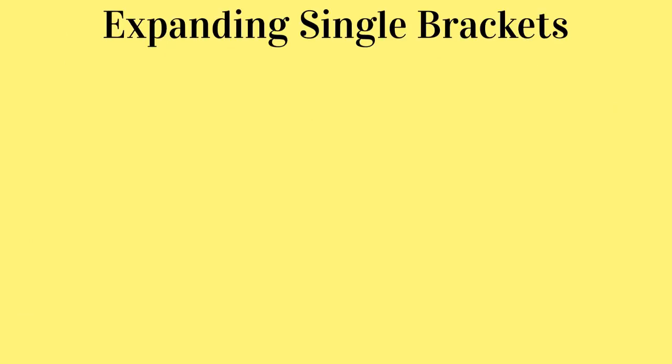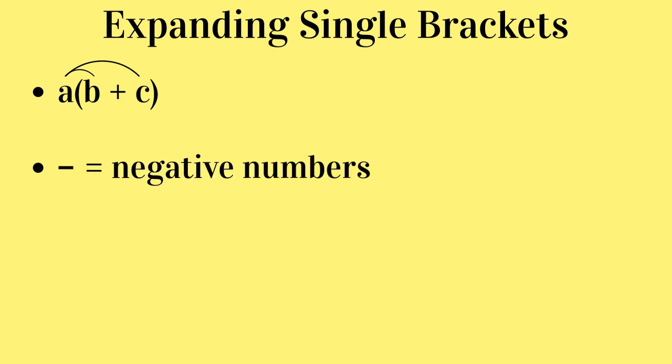Here is a summary of what we have learnt about expanding single brackets. To expand brackets, you must multiply all the terms inside the brackets by the term outside the brackets. We need to be careful of subtraction signs as these create negative numbers.